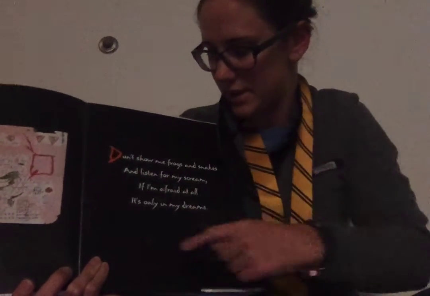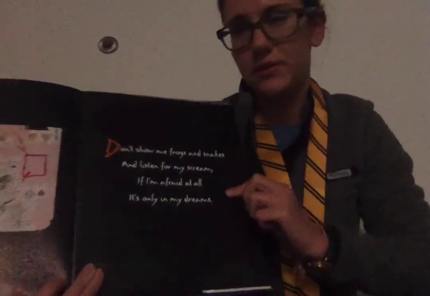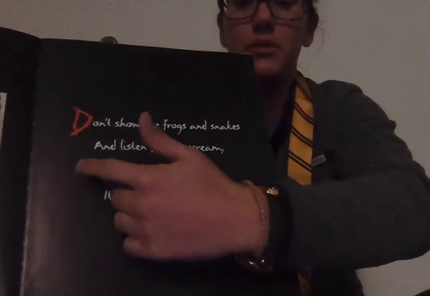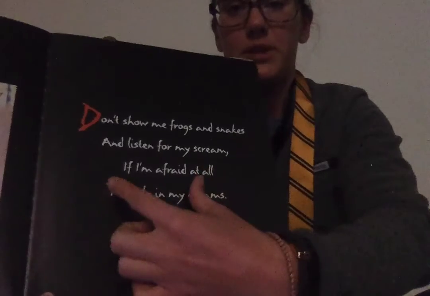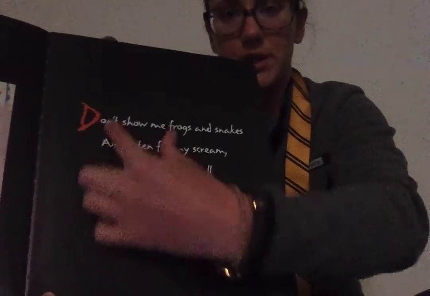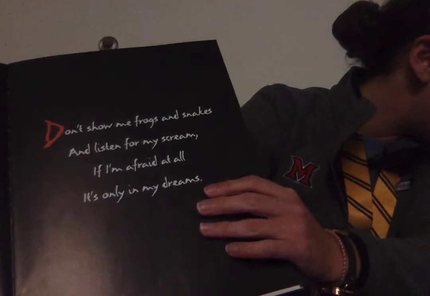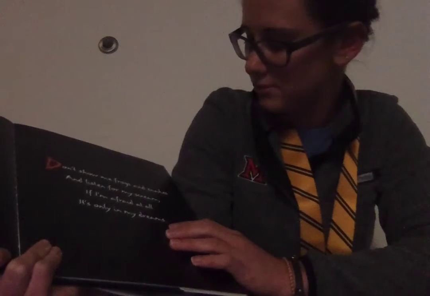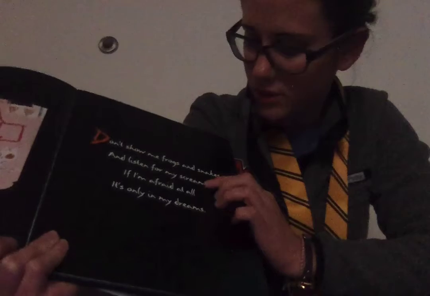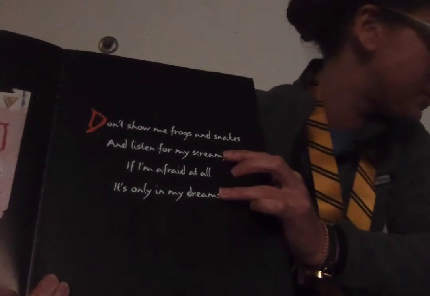This is all one stanza. Since it's in a book, they made it creative, but technically this should be over there and there should be no indenting. And then we have a rhyme: scream and dream.